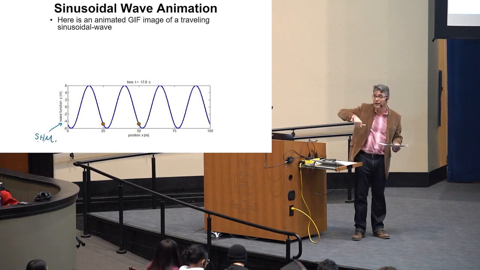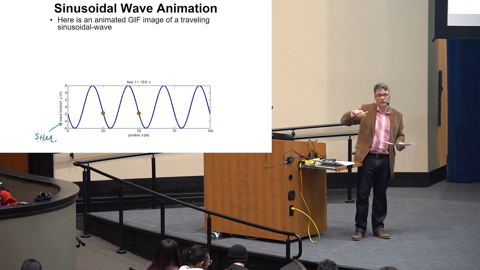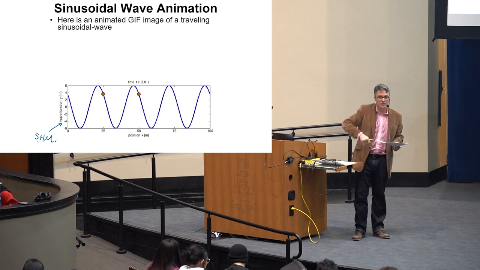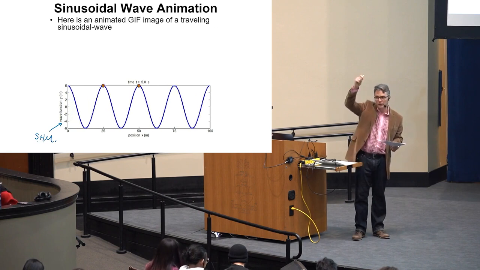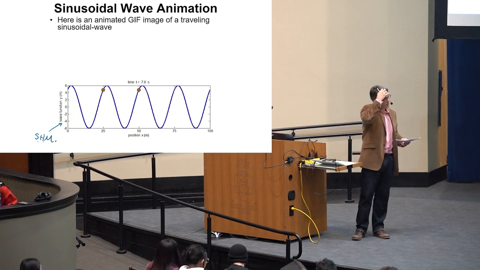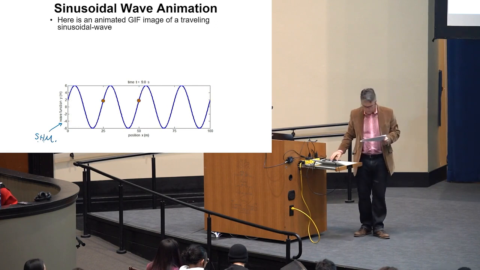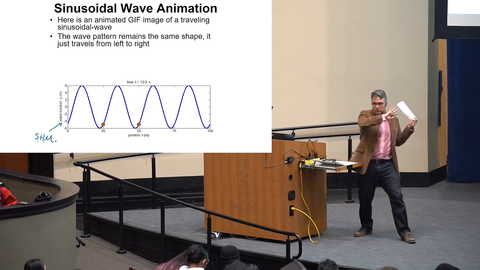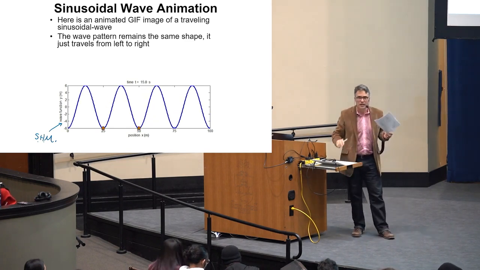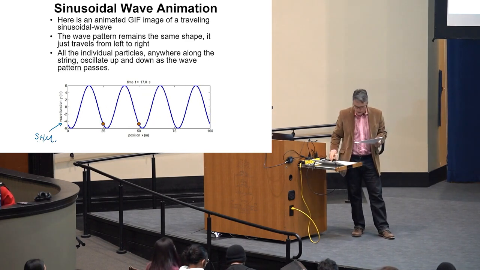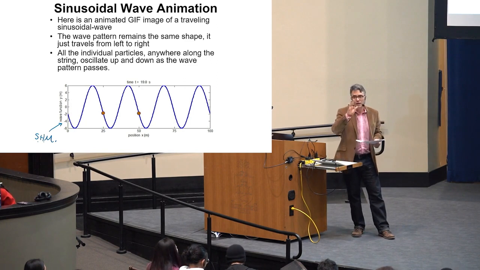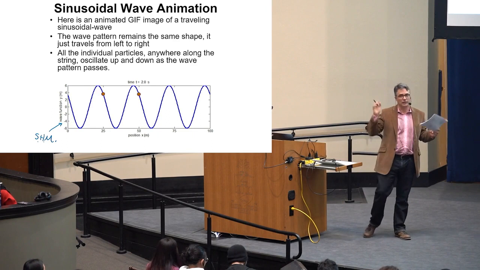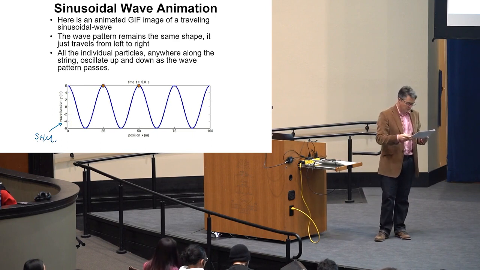You could have sent a triangle pulse or a square pulse, or an up triangle and a down triangle, but instead you decided to send this sine wave by moving the left end in simple harmonic motion. What's interesting is that whatever shape you make, that's what goes out into the world, and that shape remains the same. If you look at individual particles on a transverse wave, they just move up and down as this pattern that you've sent is moving past.